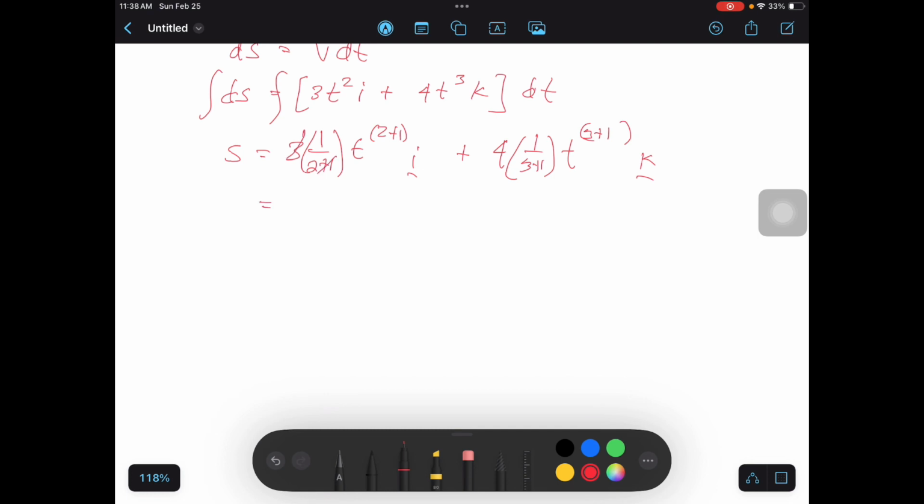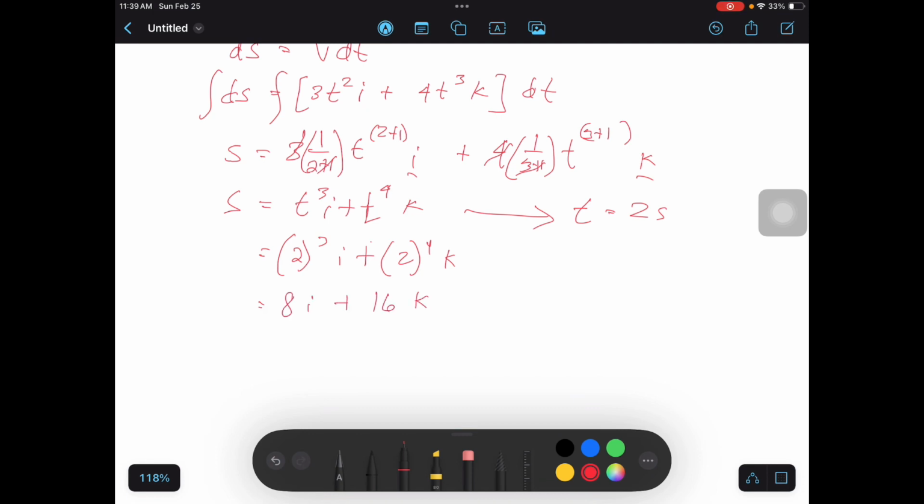So, let's simplify. This will be t cubed i plus t raised to 4 k, okay. Ngayon natin isa-substitute dahil since ito na yung displacement, substitute na natin yung time 2 seconds. This will be 8i plus 16k.